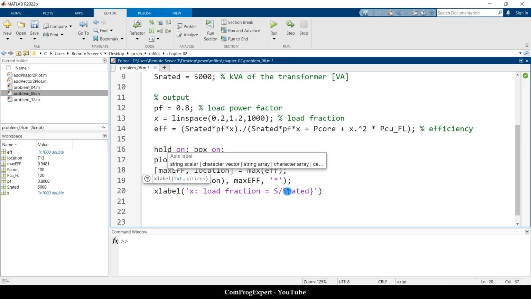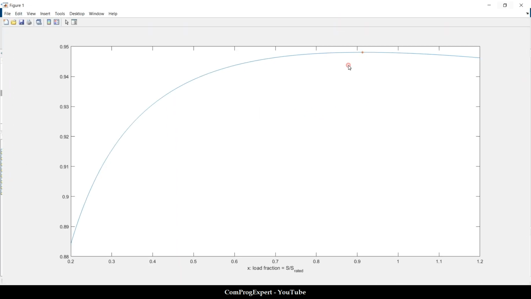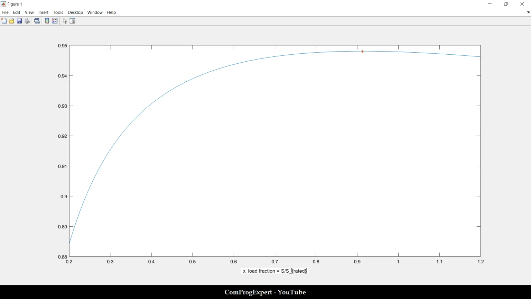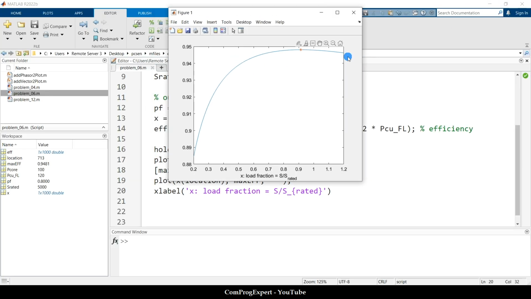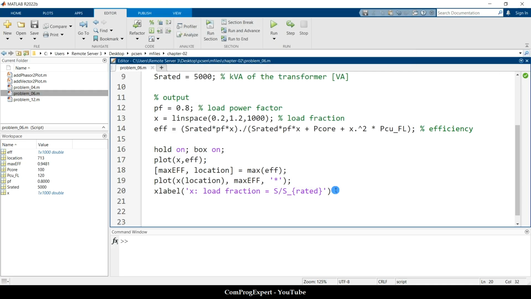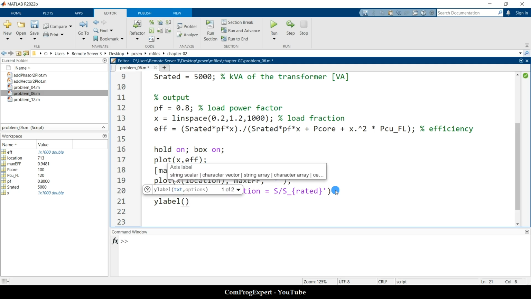So yes, we can use this type of coding to write this in this format. This is the load fraction. The y-axis is the efficiency. Y label is efficiency of the transformer.